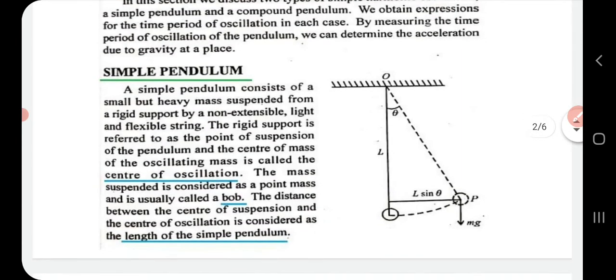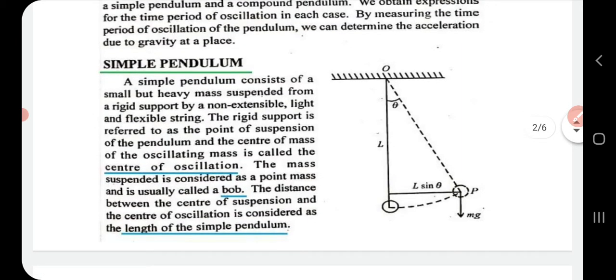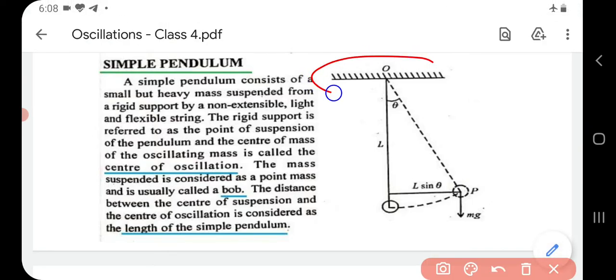So let us begin. A simple pendulum consists of a small but heavy mass suspended from a rigid support by a non-extensible, light and flexible string. I think you got the picture. This one is the rigid support, which is given the name point of suspension.